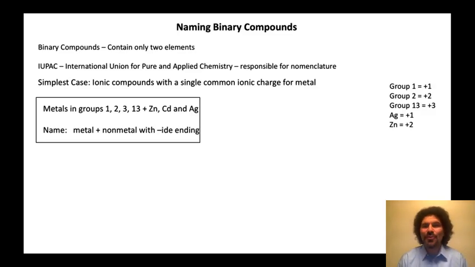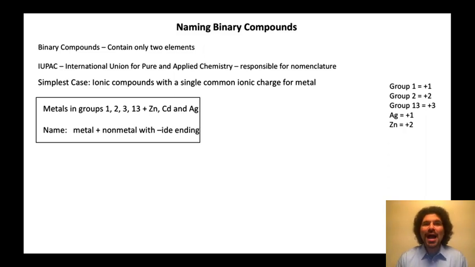You can see that group 1 is always +1, group 2 is always +2, group 3 and 13 are always +3. And then in addition to that, silver, zinc, and cadmium. Okay, so silver is also always +1. Zinc and cadmium are always going to be +2.